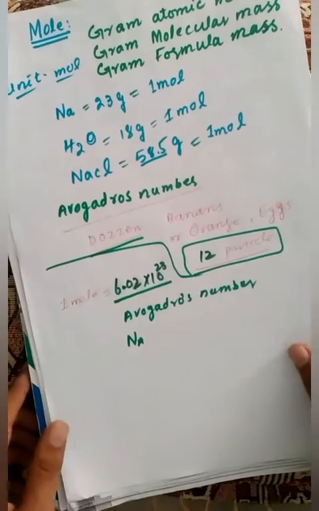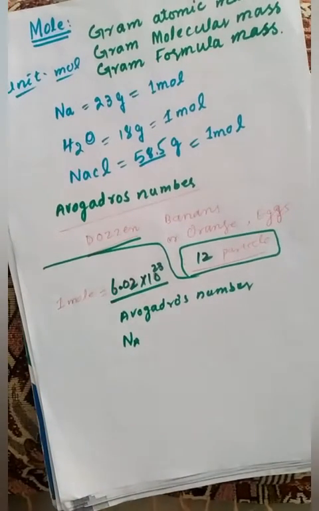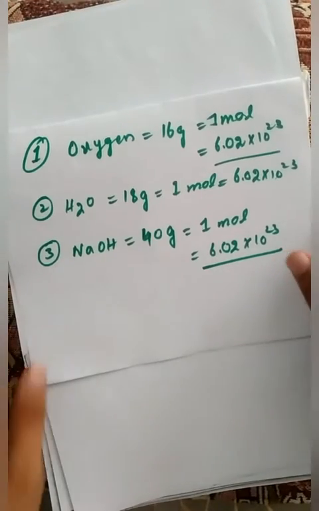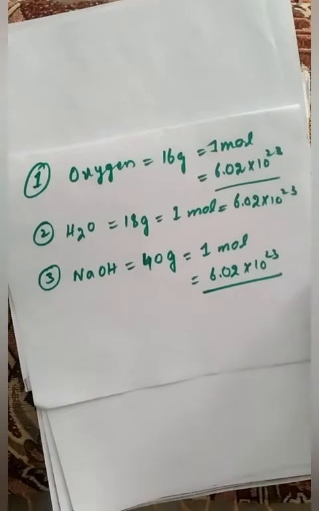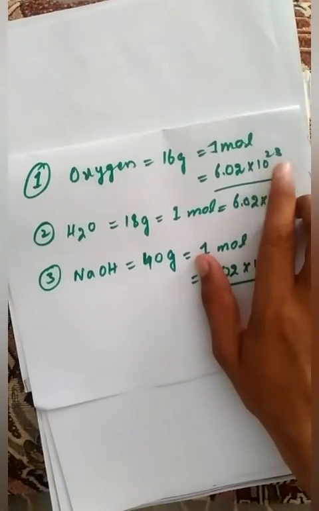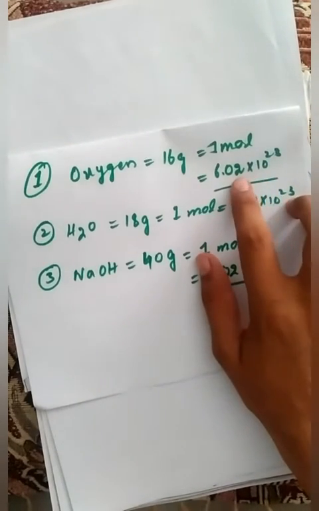Let's take some examples. If we take the element oxygen, its atomic mass is 16 atomic mass units, which in gram is 16 gram. That 16 gram will be equal to 1 mole, as we discussed. Now that 1 mole will have 6.02 × 10^23 particles. This is called Avogadro's number.